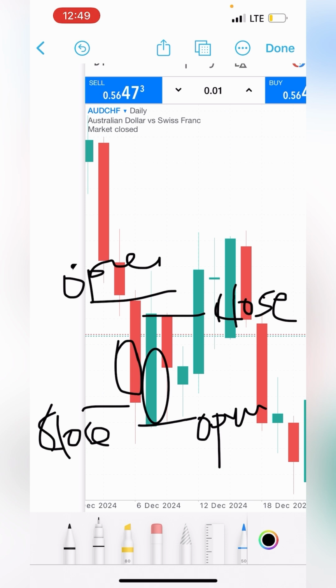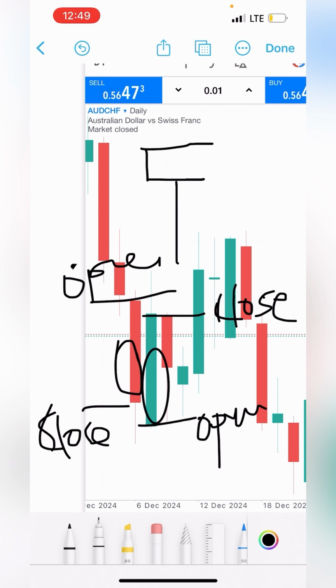And from here, which was the open, the candlestick will be in this way, which has the wick above, or we can just draw it well. The one that I drew was not correct.